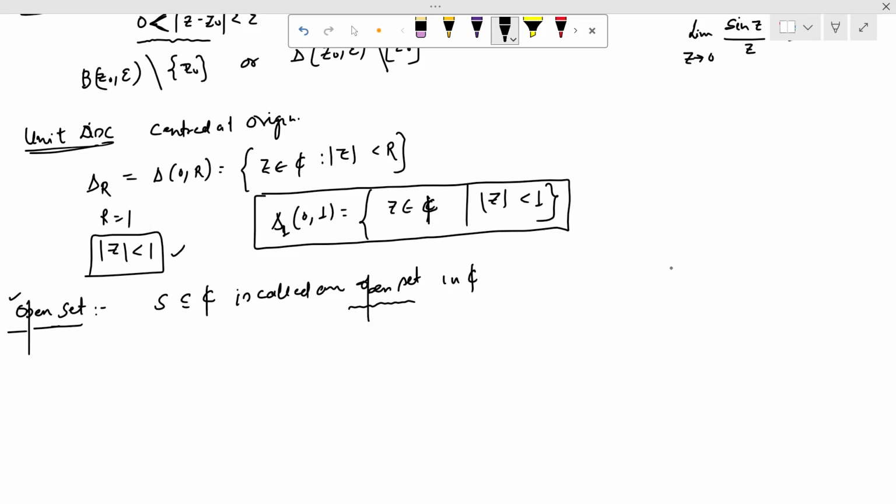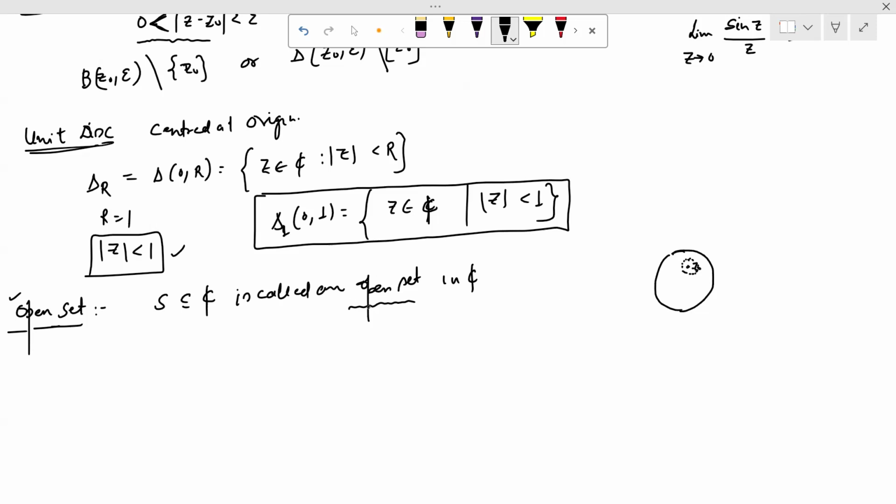Let's say this is your set S. If you take any point, then there must exist a neighborhood of this point contained in this set itself. This point is called an interior point in that scenario, and an open set will have all those points whose some neighborhood is contained in that set itself. That set is called an open set.